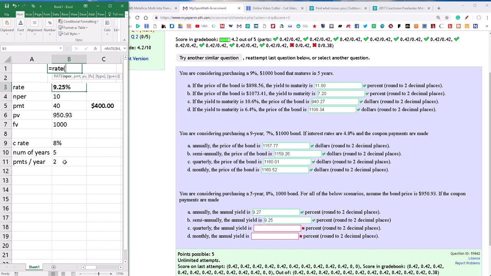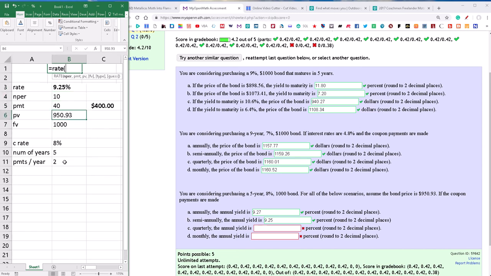Okay. So rate gives us the interest rate of a bond given how many periods we receive payments within a year. So in order to make that annual, you have to multiply by the number of payments per year. I hope that makes sense.